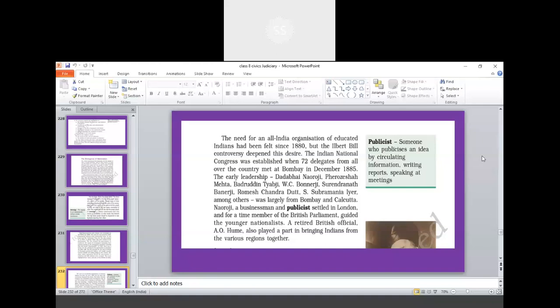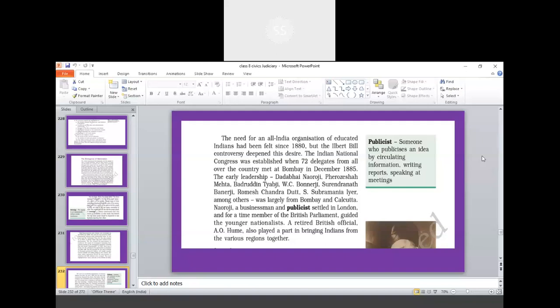The Indian National Congress was established in 1885.